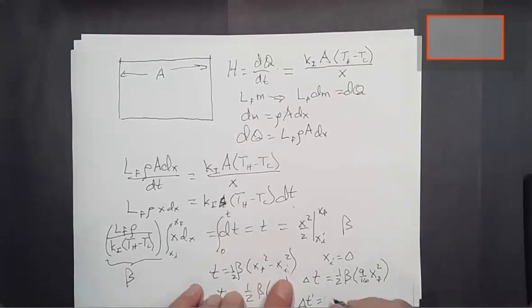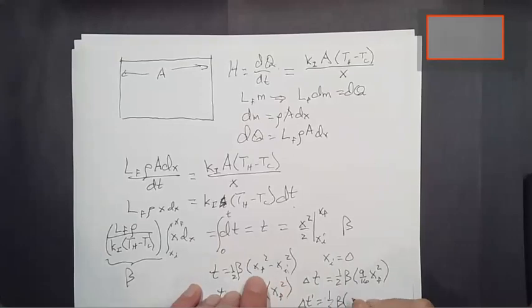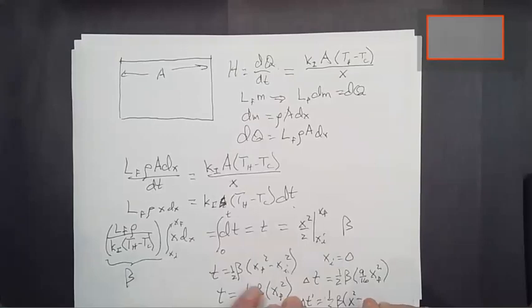I would get 1/2 beta times x final squared, minus my x initial, which is 3/4 x final but gets squared, so 9/16 x final squared.